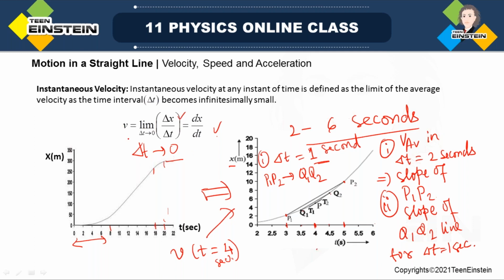Now, according to the definition of instantaneous velocity, I have to make this delta t 0.